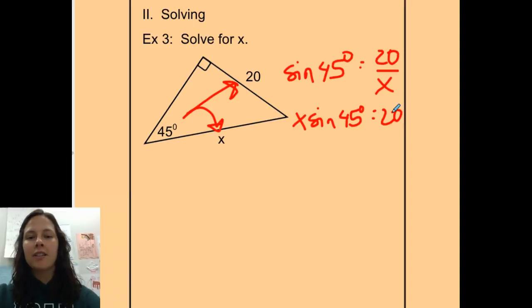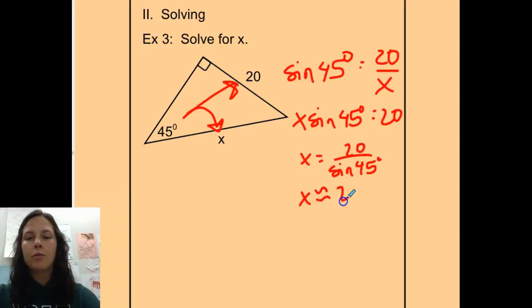And to finish getting x alone, we'll divide both sides by the sine of 45 degrees. Now when you use your calculator, make sure you're in degree mode, otherwise the trig function will be evaluated incorrectly. And I got about 28.284 for the x value, or the length of the hypotenuse.